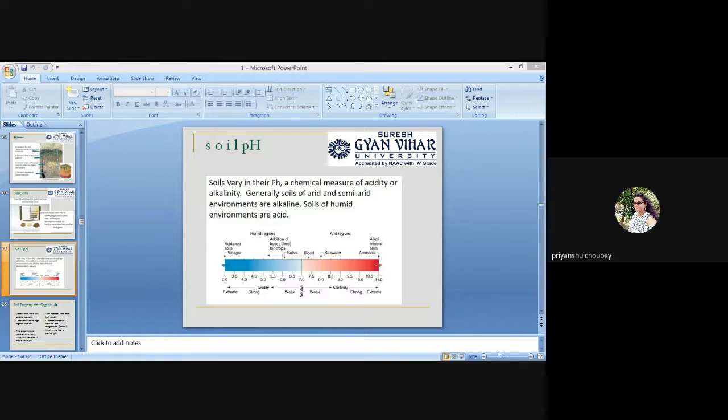Buffering action is effective in controlling the soluble concentration of ions such as hydrogen, aluminium, calcium, magnesium, potassium, sodium, etc. The degree of buffering is the highest between pH 4.5 to 6.0, and drops below 4.5 and above 6.0.